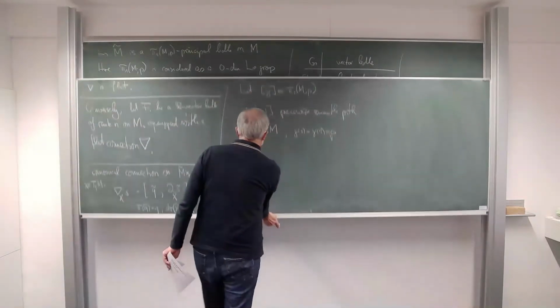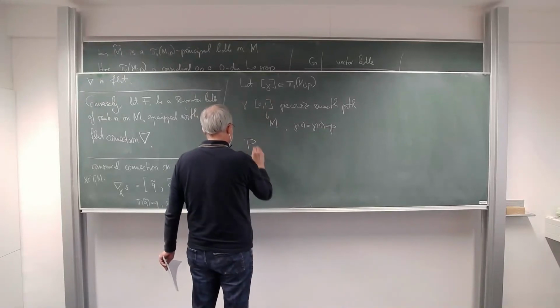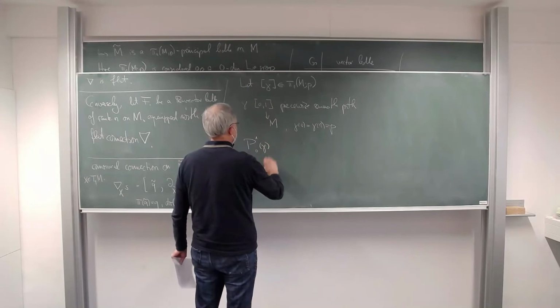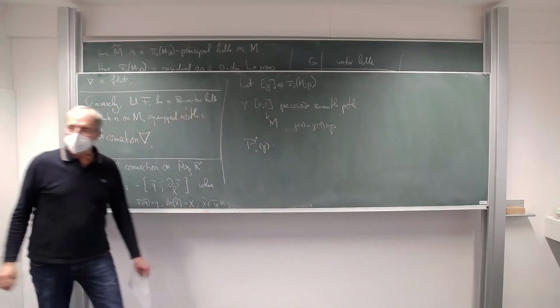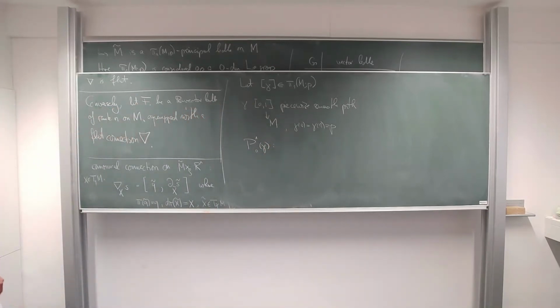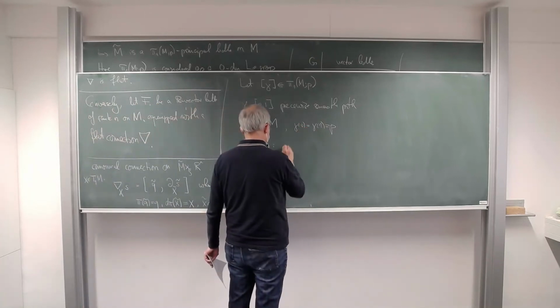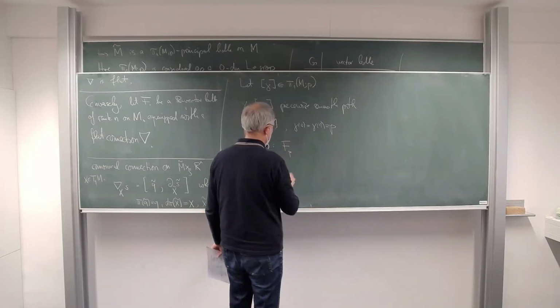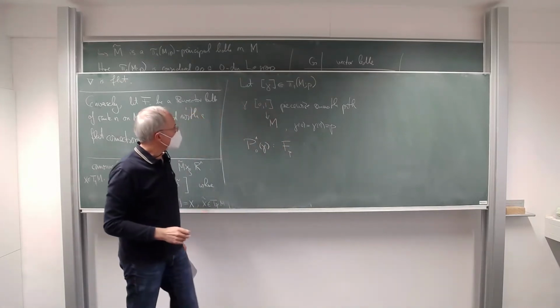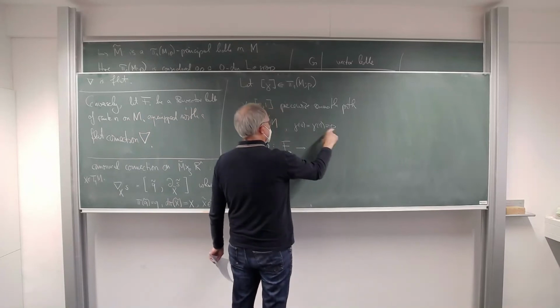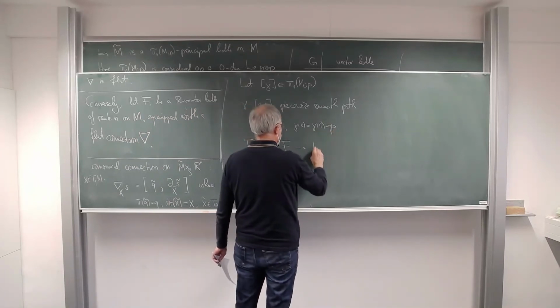So let's see. We have this parallel transporter, 0 to 1, along the path gamma. So what does this give me now? This is a map that maps points at the initial point of gamma, which is Fp. So gamma of 0 is P, and gives me an element at the target point here, which is gamma of 1, which is also P.